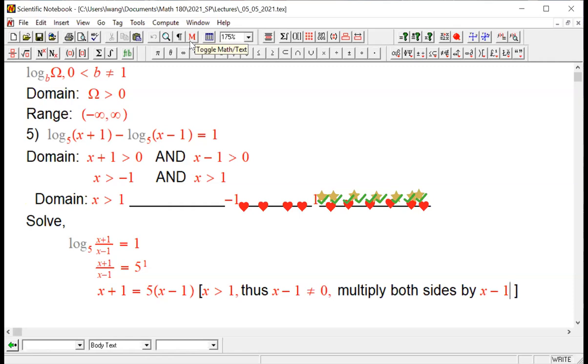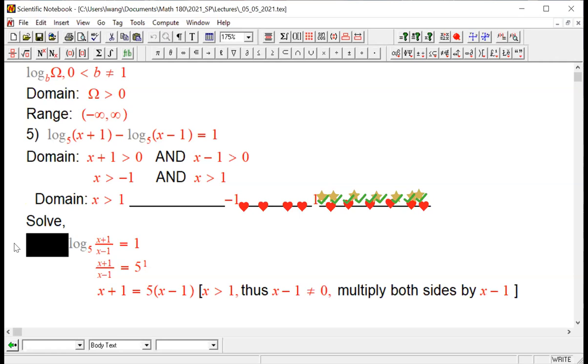And this is to use principle number 4. Do we still remember what's principle number 4? If A is the same as B, then A times C is B times C, provided C is not 0, right? That principle. Okay, but anyway, without further ado, so then the next step.